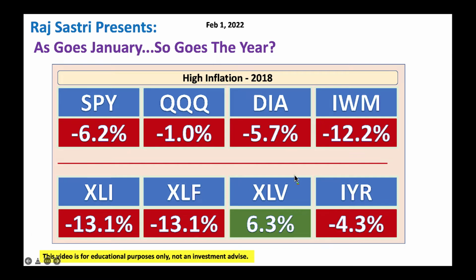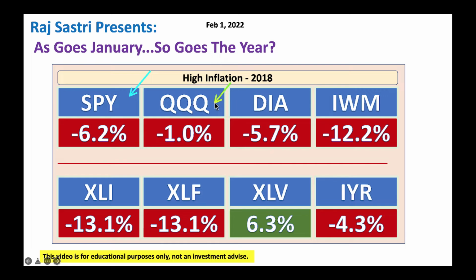It talks about performance of S&P 500 and major indices during the high inflation environment back in 2018. As you can see here, in 2018, Jay Powell really increased the rates aggressively and had some harsh comments about the increasing rate further. Look, S&P 500 tumbled down in 2018 by 6.2%.